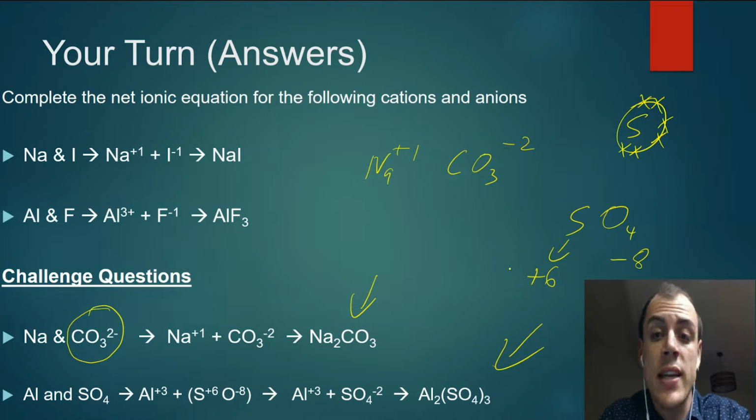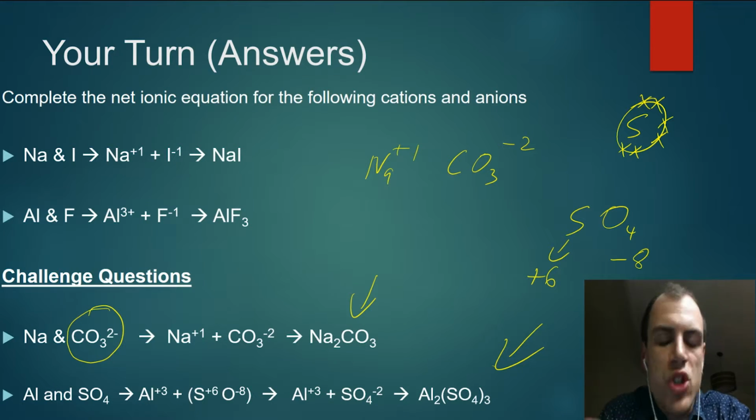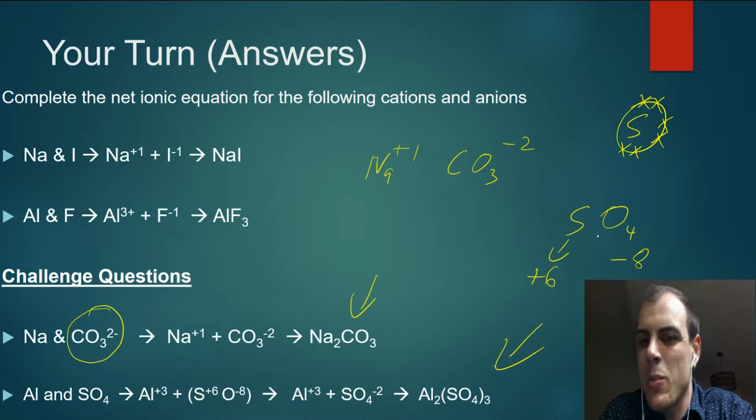Now, the answer for that is that it would prefer to steal 2 electrons to fill its outermost shell. That is definitely easier for sulfur. Here's the thing. Oxygen is not letting sulfur do what it wants. It's being a bully, basically.